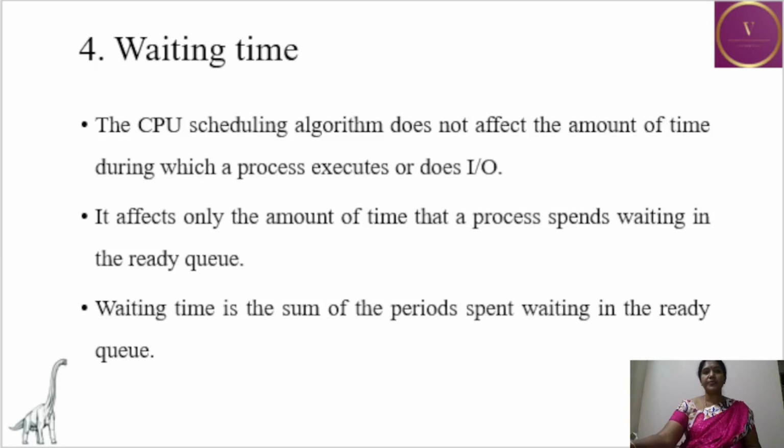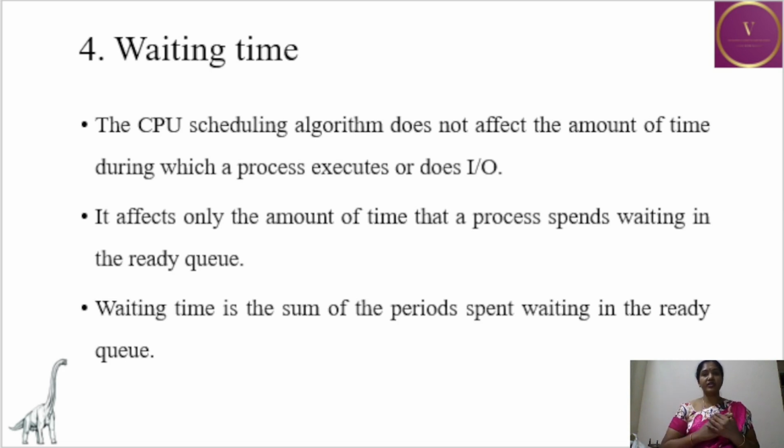All right. Next is the waiting time. The CPU scheduling algorithm does not affect the amount of time during which a process executes or does IO operation. That is, the scheduler is not concerned about how long the process is using the CPU or how long it is doing IO operation. It all depends upon how big the process is, or how the process is programmed.